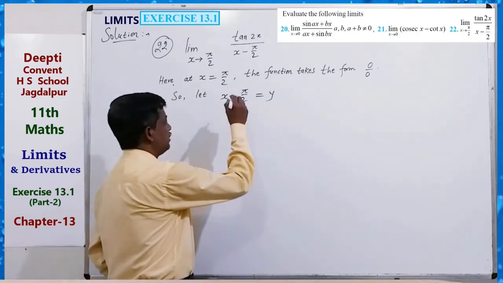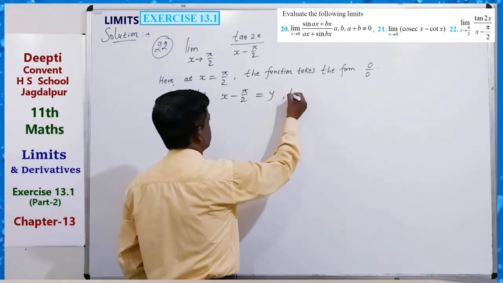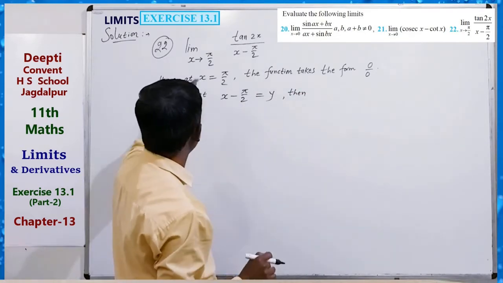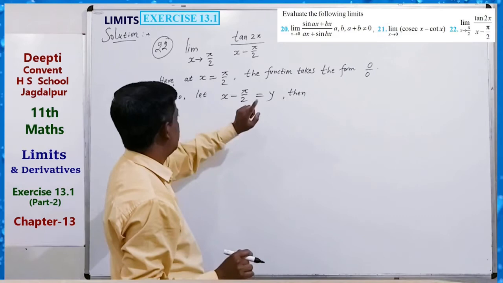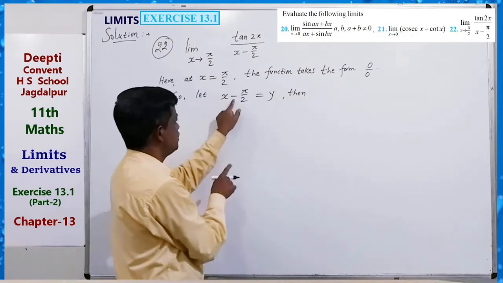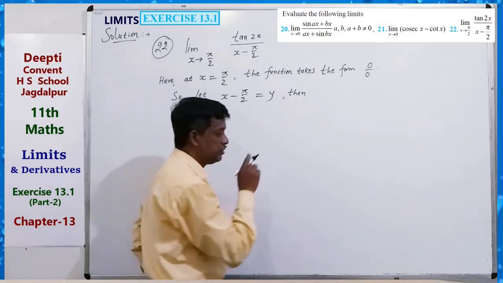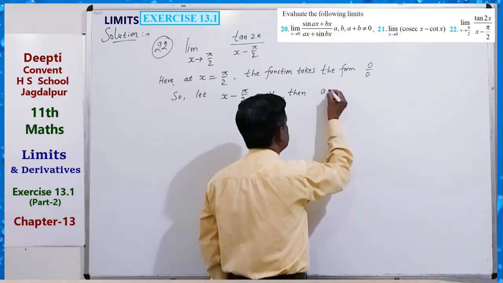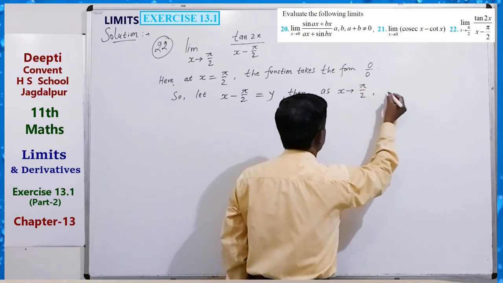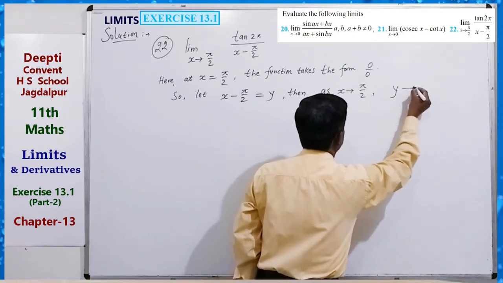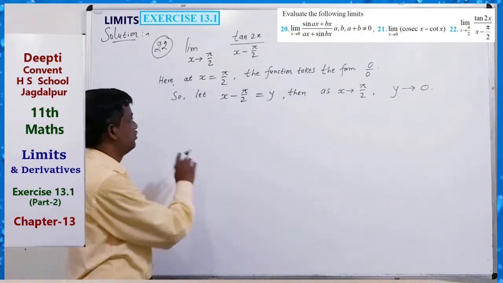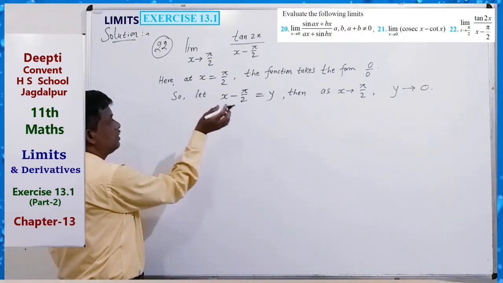Then we can see that as x tends to pi by 2, this is 0, so y tends to 0. Okay, so as x tends to pi by 2, y tends to 0. Now, let this then.